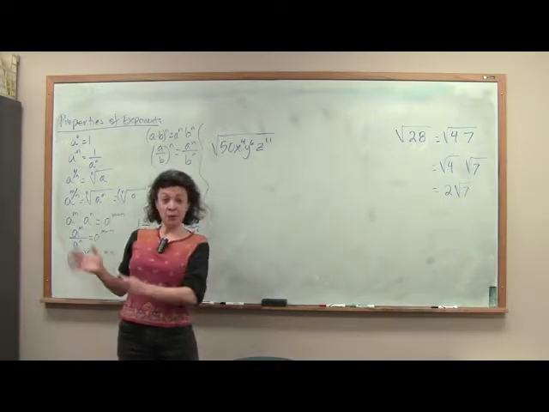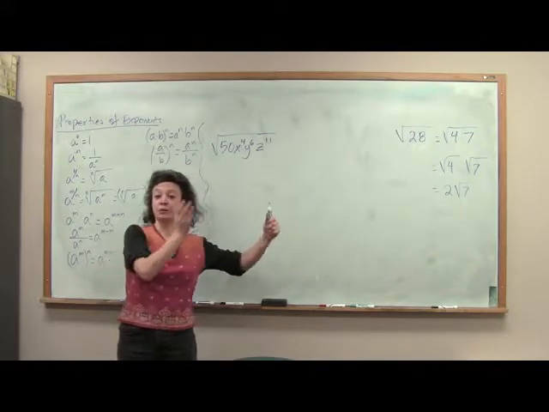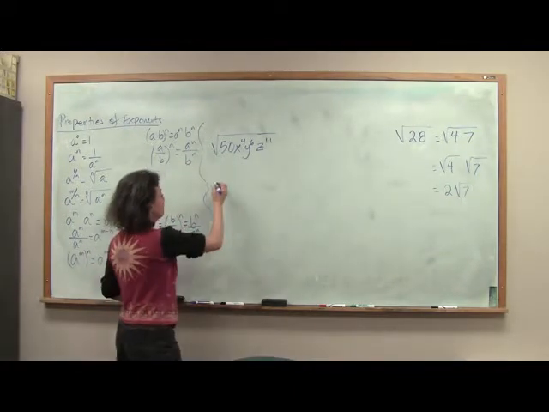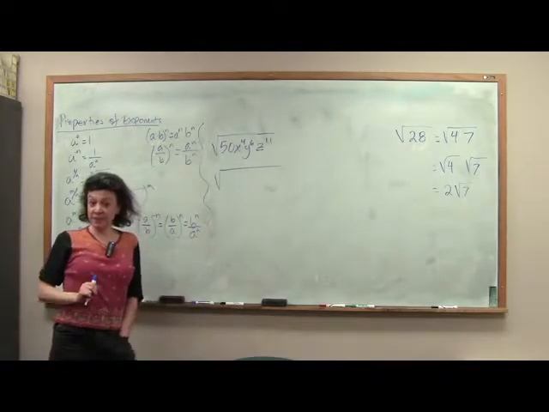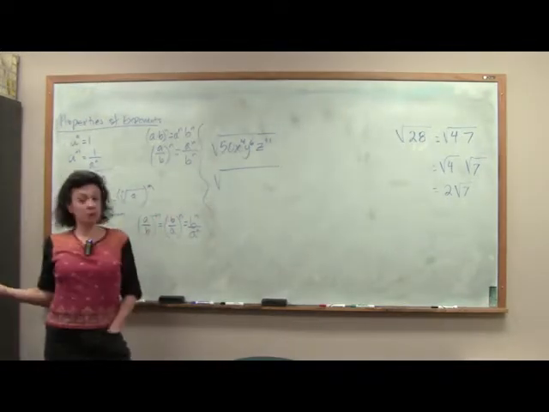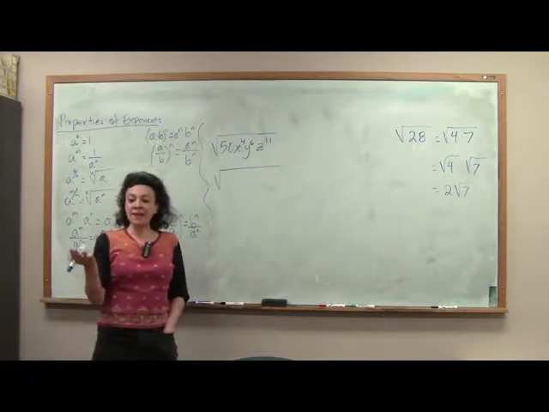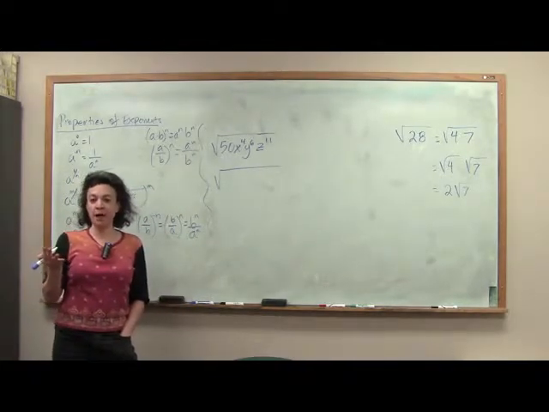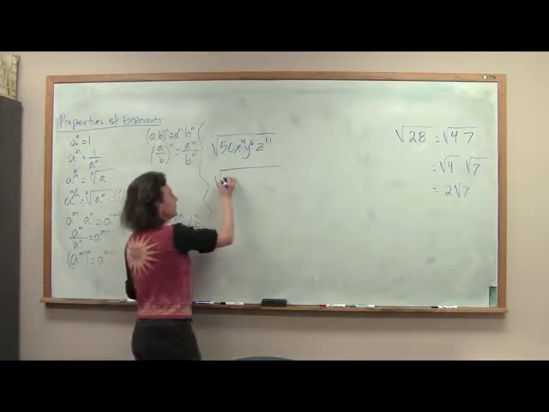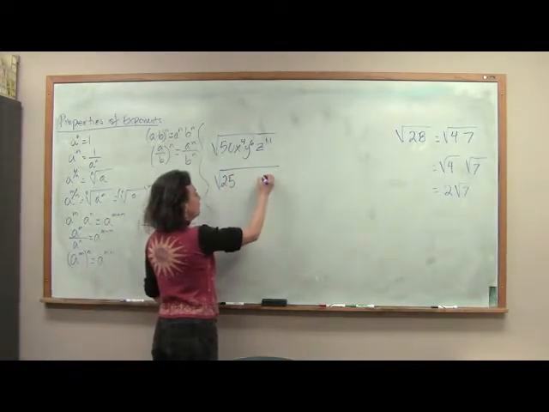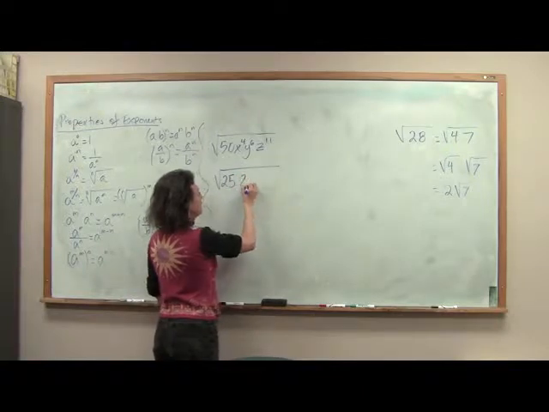I'm going to separate out what I can take the square root of and what I cannot take the square root of. Okay? So 50 is not a perfect square. So just like with that square root we just did, I want to ask myself, is there a way I can break up 50 so that I can take the square root of part of it? And I claim yes, I can break it up as 25 times 2.